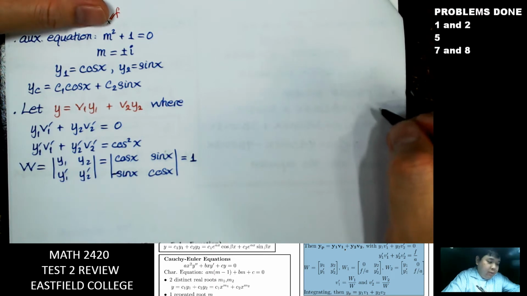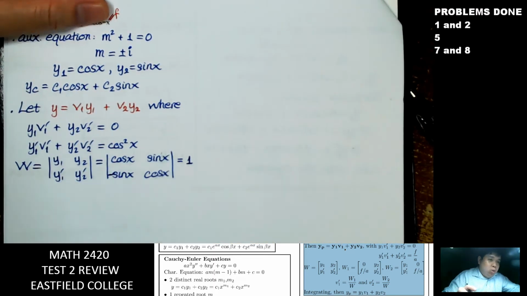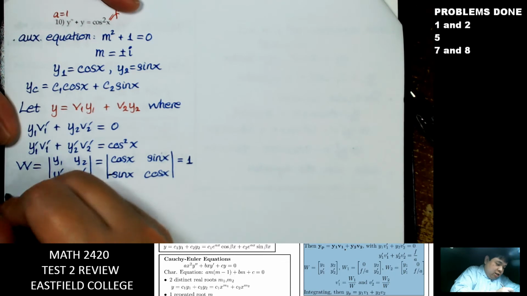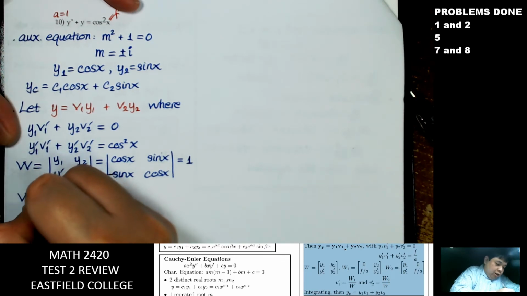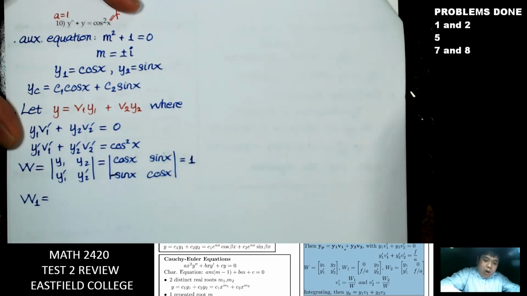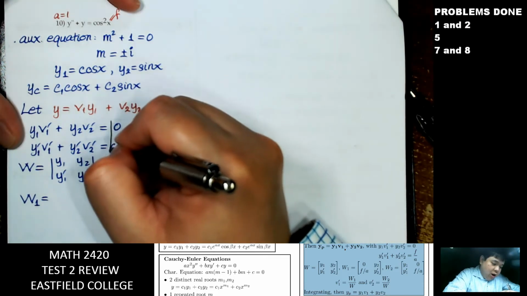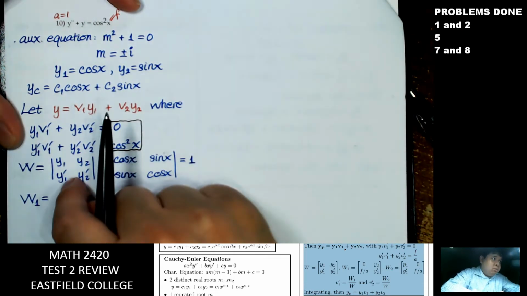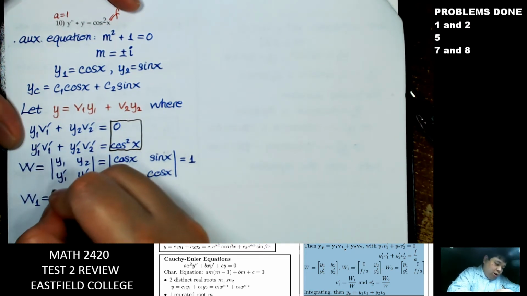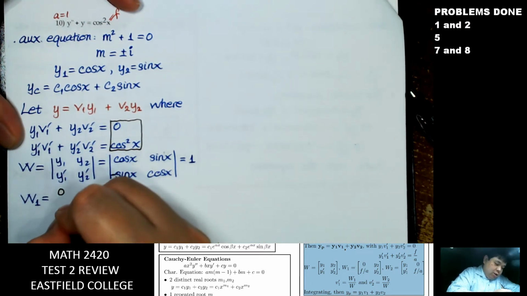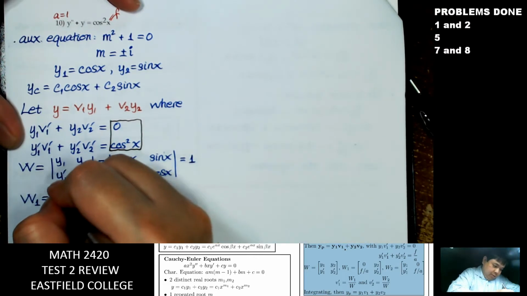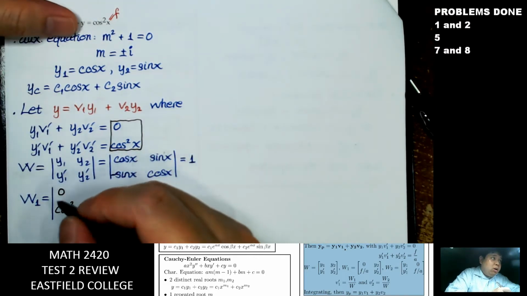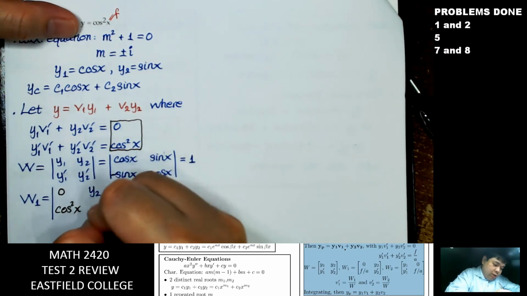Alright, cosine square plus sine square is 1. Next, W1. For W1, we will replace the last column into the first column, the y1 prime. So we have 0 and cosine square x. We still have y1, y2 and y2 prime.